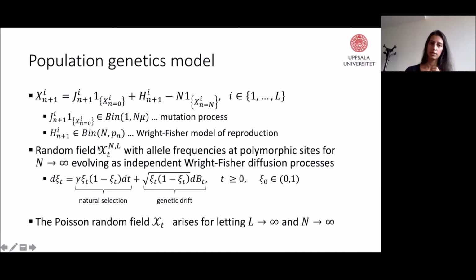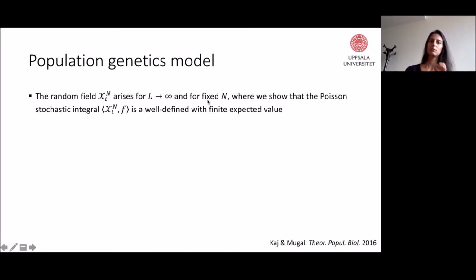What we then do, with this process X_L(t), is keep n fixed and let L, the number of sites, tend to infinity. Then we can construct a stochastic integral from our random field, which we can show for L to infinity tends towards a Poisson stochastic integral.